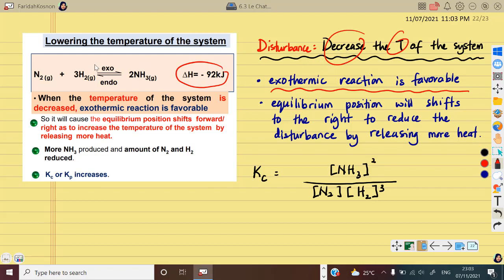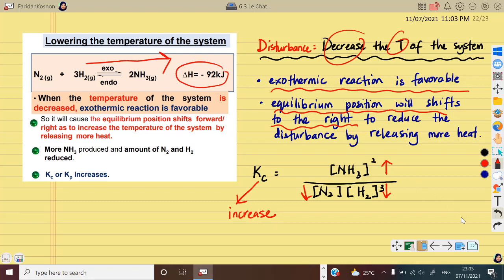So, to counteract, dia akan favor exothermic reaction to increase the temperature of the system by releasing more heat. So, the equilibrium position will shift to the right, to reduce the disturbance by releasing more heat. So, you nampak kat sini, the concentration of ammonia will increase, the concentration of reactants will decrease. Okay, so what happened to the Kc value in this case? It will increase.